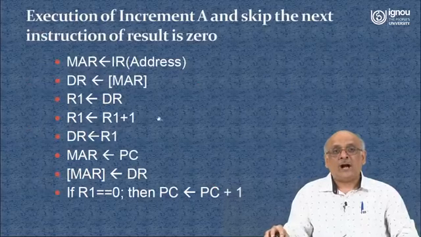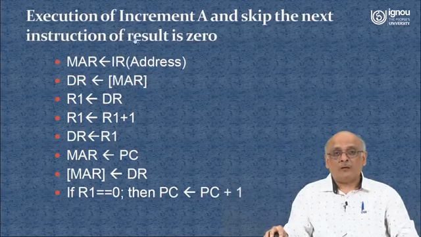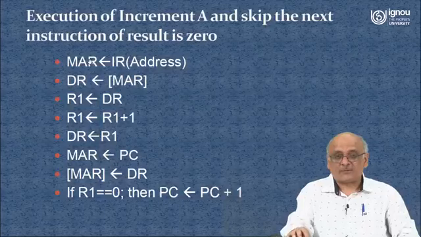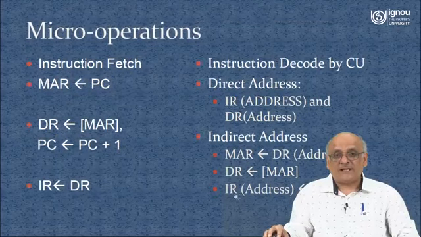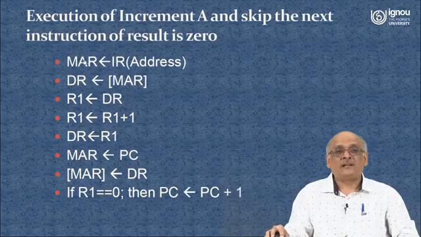All right. Now comes the most important part: execution of increment A and skip the next instruction if the result is 0. Now, how is this particular situation proceeding? What does my instruction register address part contain? The address of the operand. So that address we are passing on and getting the data into the data register.